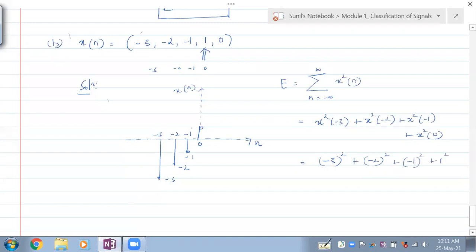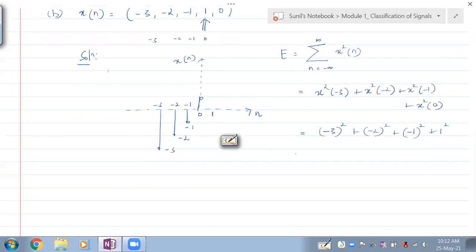The 0 need not be written, because it's 0, meaning there is no signal. So it is 9 plus 4 plus 1 plus 1, which is 15. Therefore, energy is equal to 15 joules.